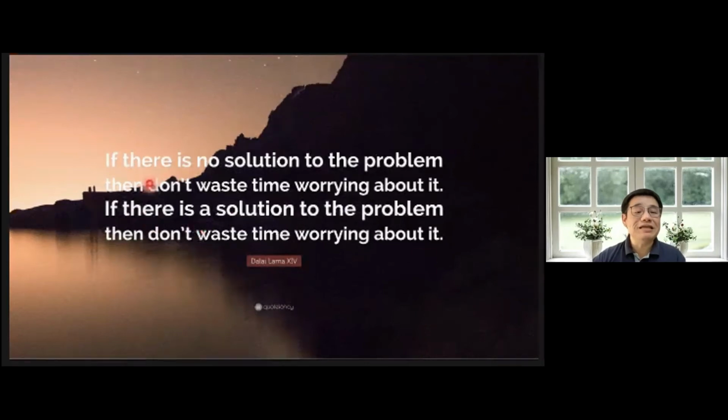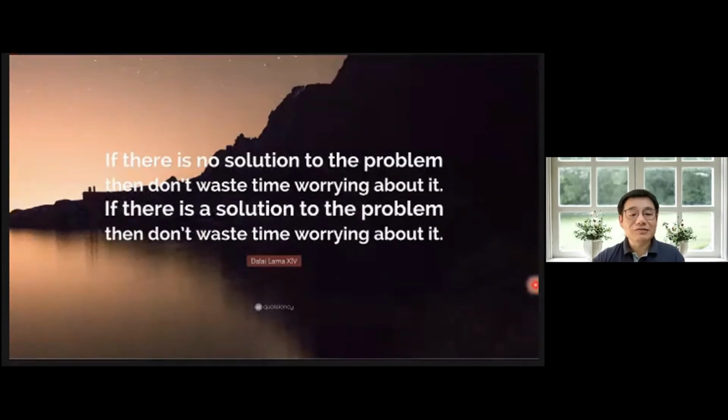The quote says, if there is no solution to the problem, then don't waste time worrying about it. If there is a solution to the problem, then don't waste time worrying about it. That's a very, very nice saying. That's exactly what we should be doing. If there's a solution, put in effort, solve it. Look for the resources, look for help, and take action.